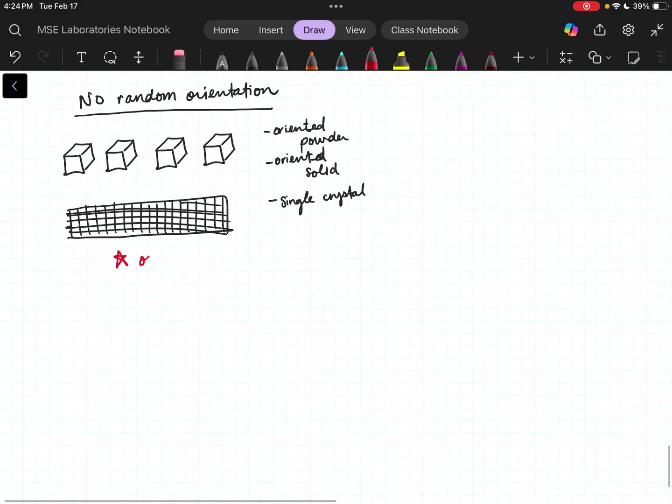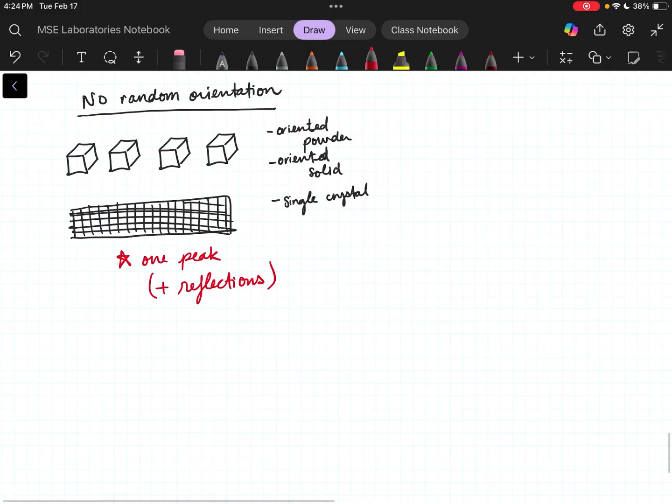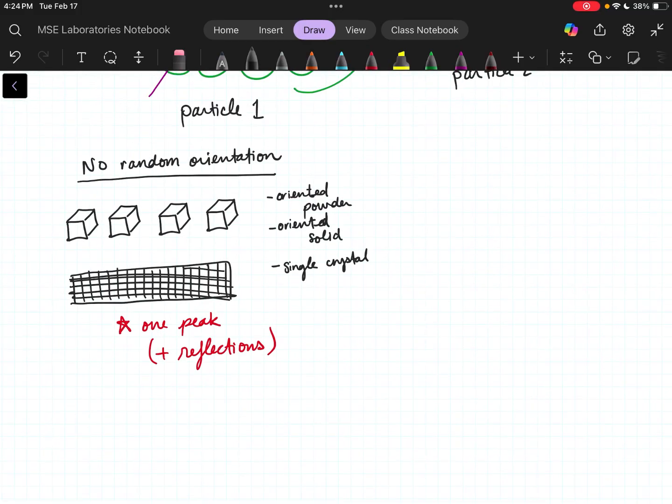This is my solid sample here. I'm going to get just one little bit of information, and my problem is that I'm probably going to get just one peak, plus maybe reflections. Right. Maybe.